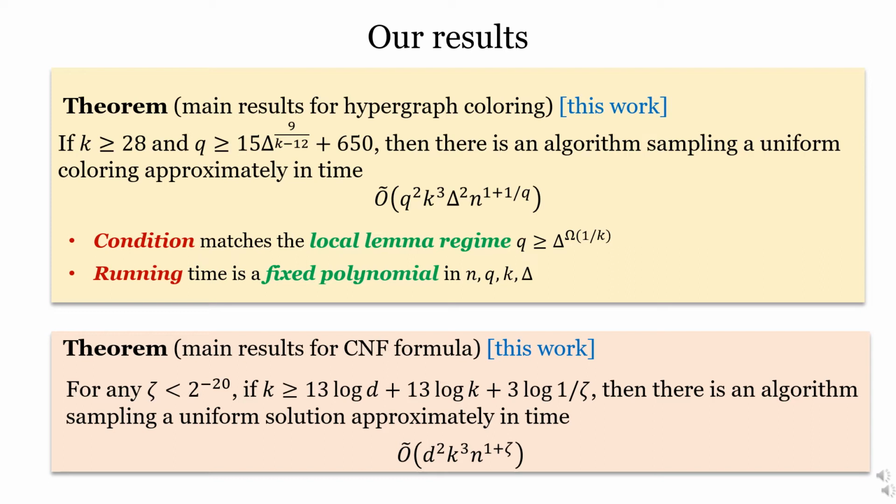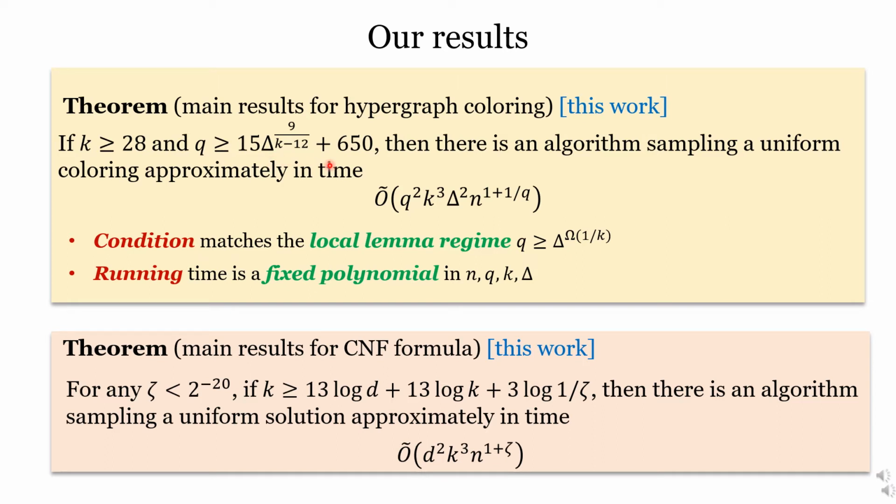In this paper, we further improve previous bounds. For hypergraph coloring, we propose an algorithm which samples a uniform coloring approximately if k is larger than 28 and q is larger than 50 times delta to the 9 over (k minus 12).